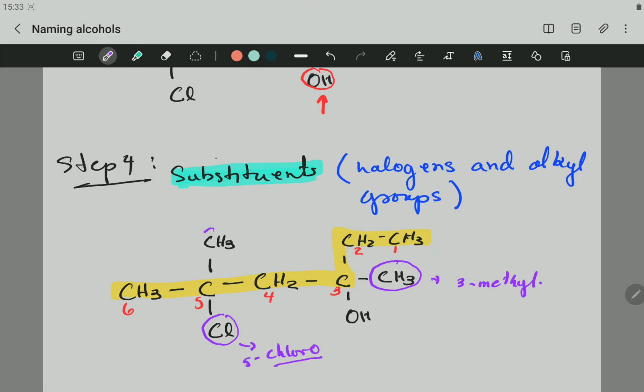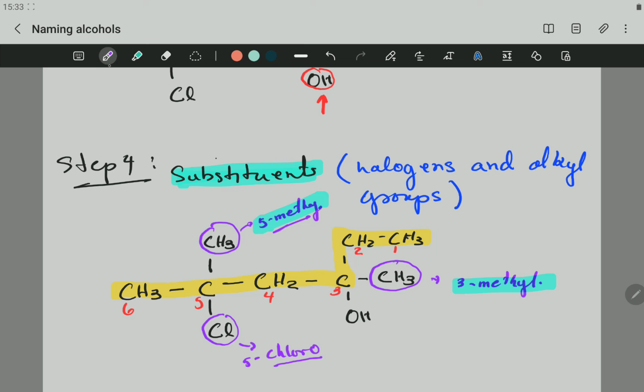And here we have another methyl, which is in carbon 5. So it's 5-methyl. Now remember, when you have 2 of the same, as we have in here, we have 1 methyl there and we have another methyl there, we are going to combine the numbers and we are going to write the prefix di. So what do we have here?